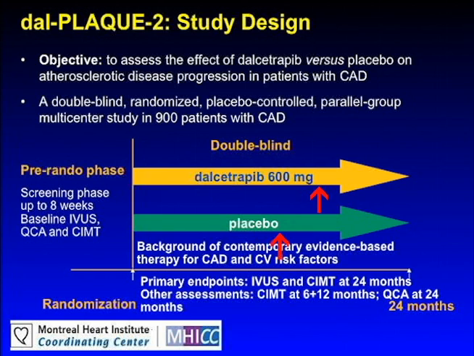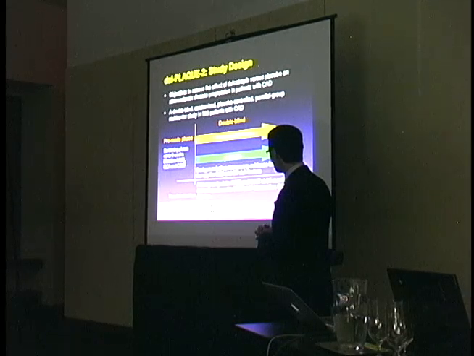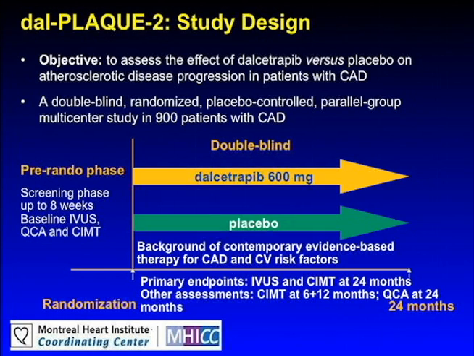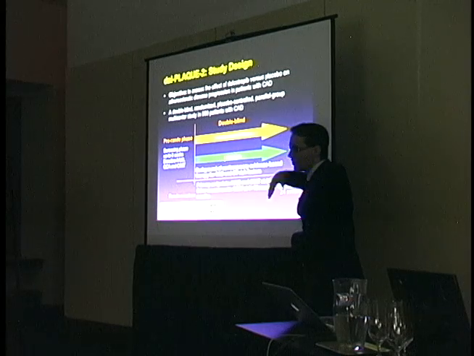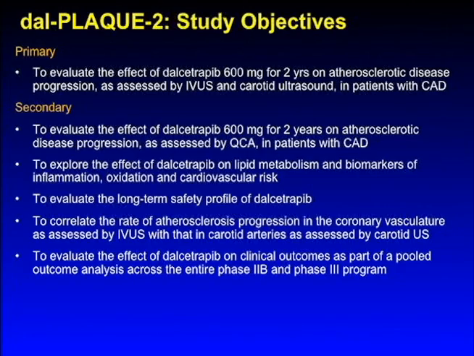It is basically the same imaging investigations by and large, except that because CIMT is not invasive, we are actually adding other CIMT evaluations at 6 and 12 months on top of the baseline and 24 months evaluations. And obviously these patients are randomized on top of standard of care.